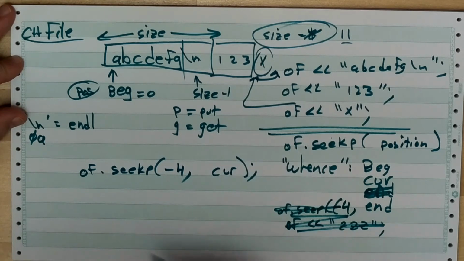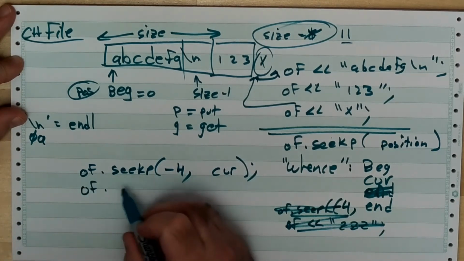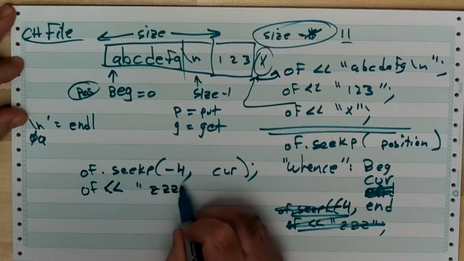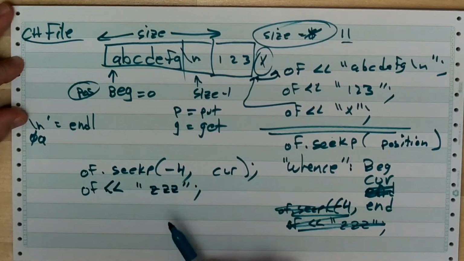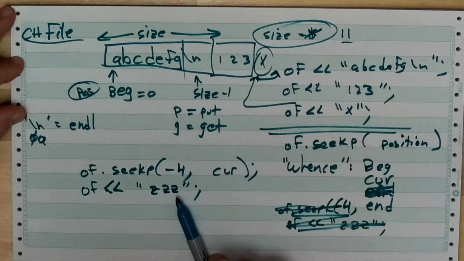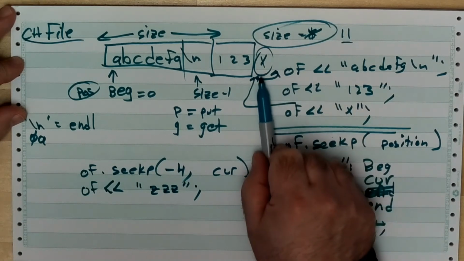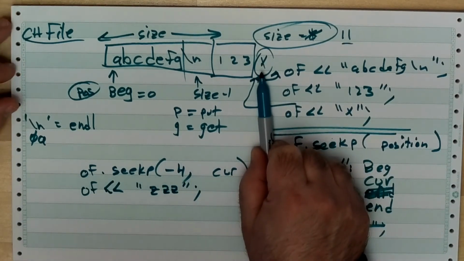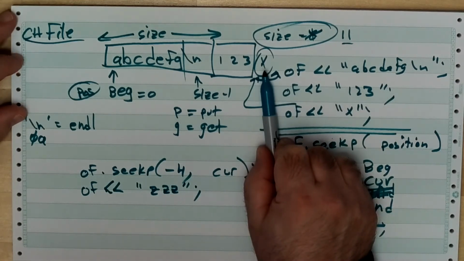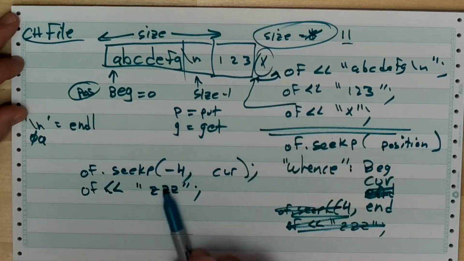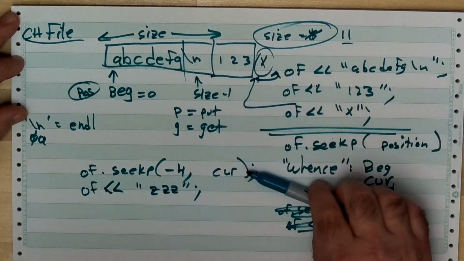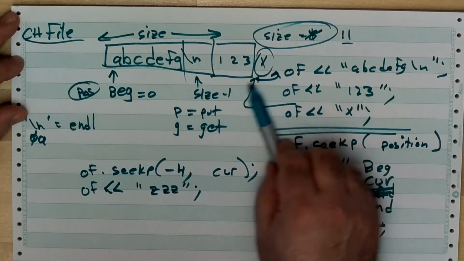I then said something like output file dot, or rather, insert ZZZ. What would happen is it would replace the 1, 2, 3 with the ZZZ. It would leave the current position pointing at the X, not the end of the file. The X would still be in that file. Okay, it would only replace the 3 characters at the current position, which we just moved back by 4 right here.